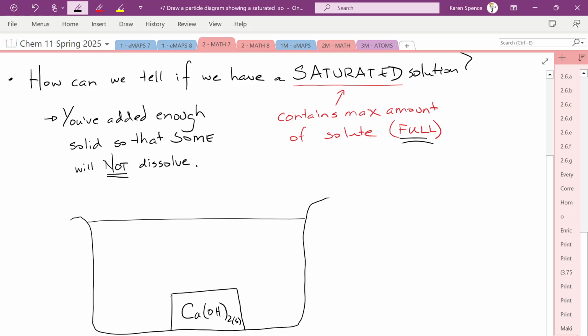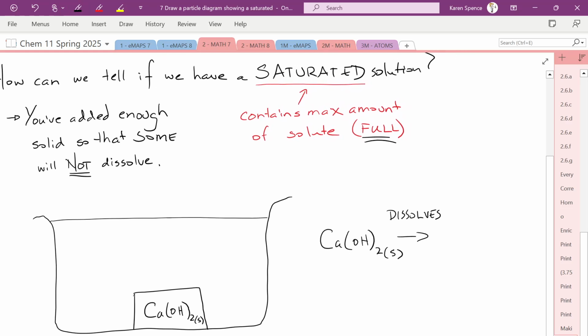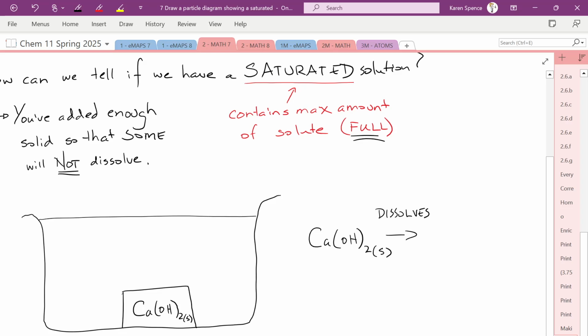And what's going to happen is, first of all, Ca(OH)2, when it dissolves, what happens to the ions? They separate from one another, okay? So we end up with Ca2+, and we end up with two separate hydroxide ions, OH-.